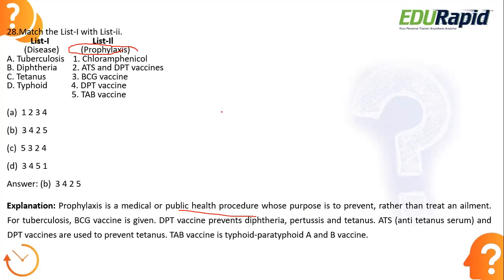To make sure of this, usually prophylaxis is taken care of. It is a medical or public health procedure whose major purpose is to prevent rather than providing treatment for the ailment. Basically, we know about the vaccines. Vaccines are usually provided to normal healthy people because even if the actual virus enters their body, it can be easily handled by the body itself.